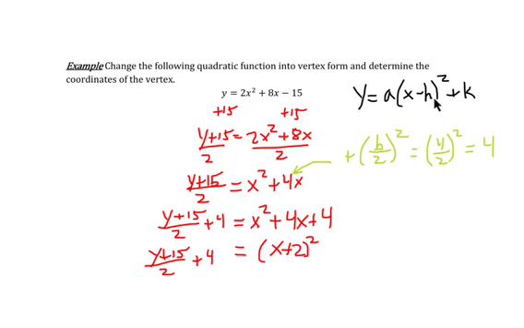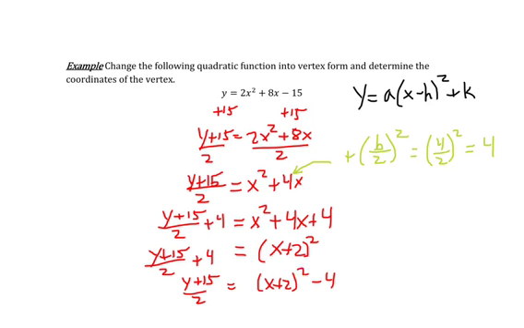That gives us this part of our equation here. So we're now just going to take each of these numbers and move them back over this side using proper techniques of algebra. Let's subtract 4 from both sides. And we get x plus 2 squared minus 4.